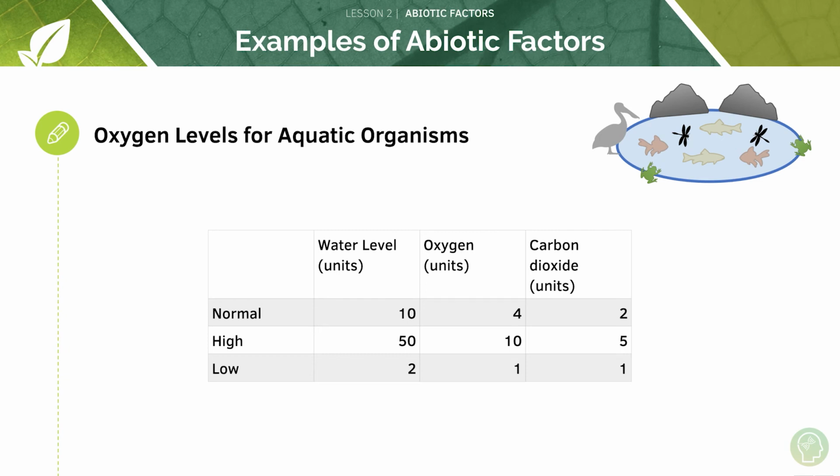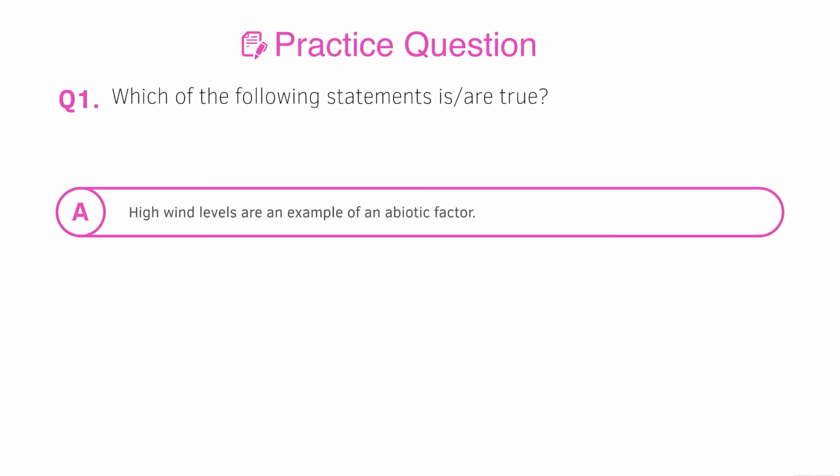Just to break it down, you'll probably be given a normal concentration of an abiotic factor and a value that indicates a higher concentration and a value that indicates a lower concentration, and you might have to interpret data given what they've told you in this table. But as I said, go and have a look at some past paper questions, because that will be the best way to practice this.